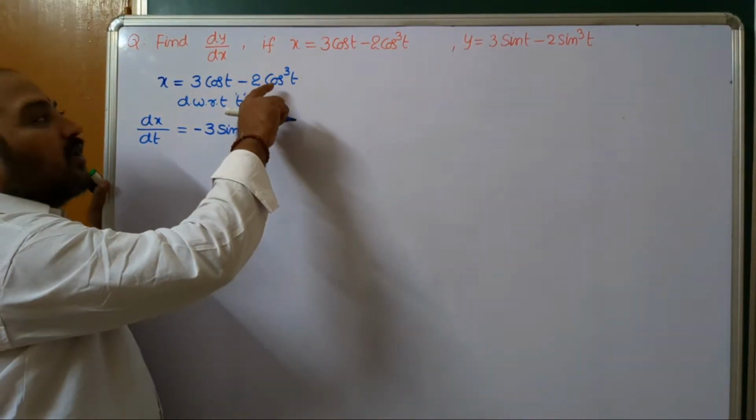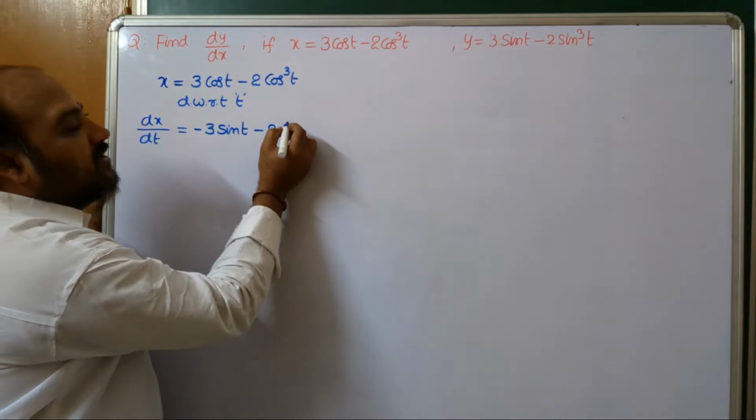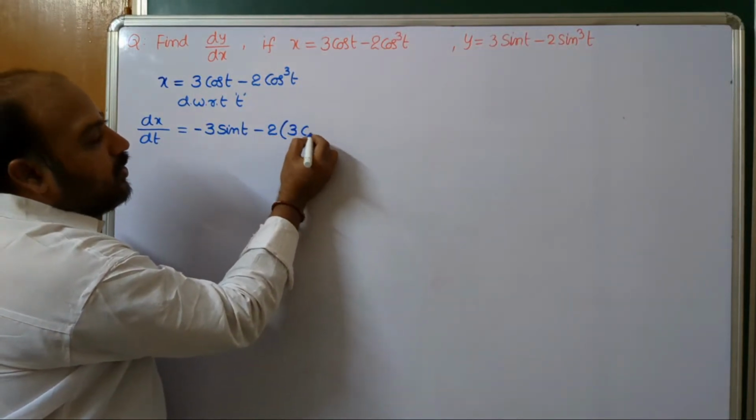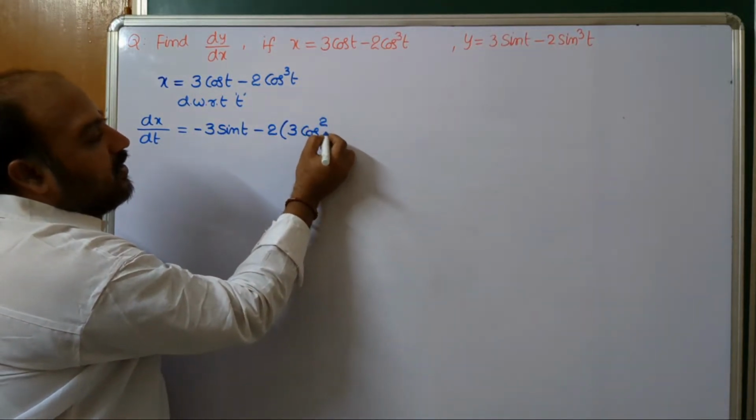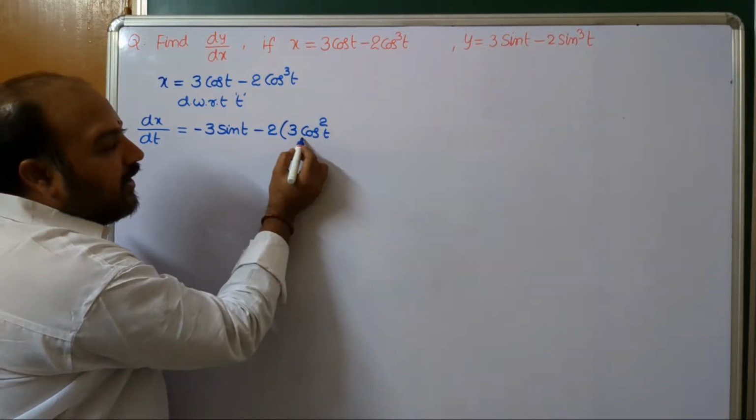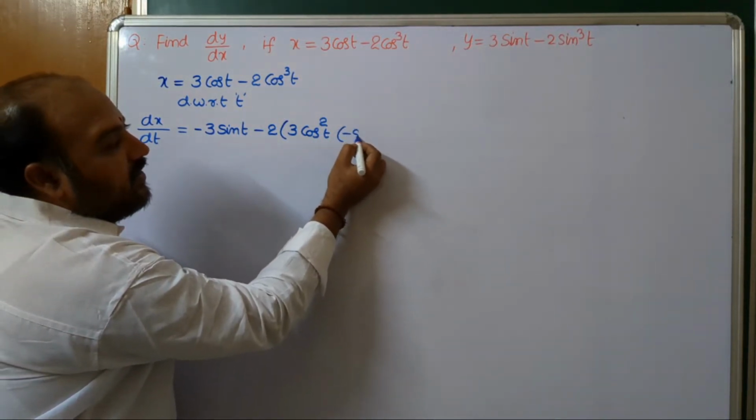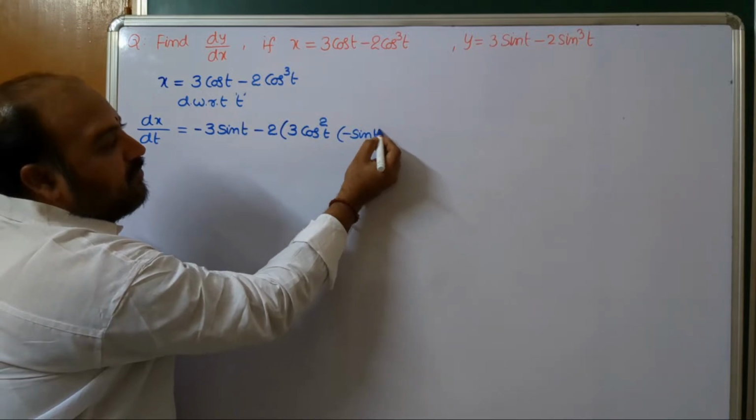So cos cube t, how to differentiate? 3 into cos power 3 minus 1, cos square t. Again cos t you have to differentiate, d by dt of cos t, minus sin t.